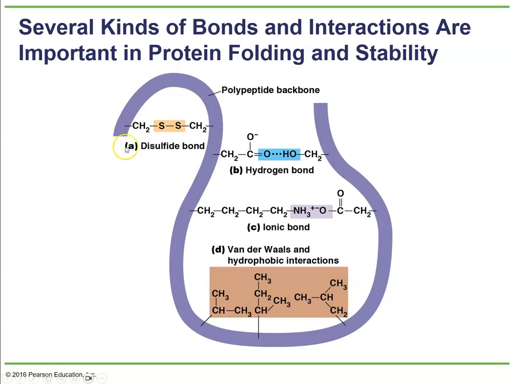A few of these that we looked at in terms of the interactions that we can have: covalent bonding. So here we can see a disulfide bond, where electrons are being shared between two sulfur atoms that are associated with two different amino acids, but they're linked together here. And so we can force the structure to be held together by these disulfide bonds.